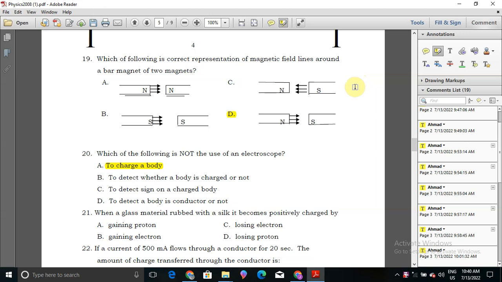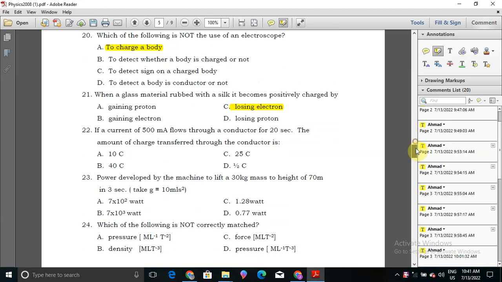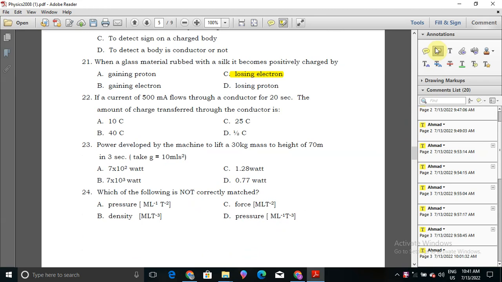One body gains electrons and the other loses electrons. So the correct answer for question number 21 is losing electrons.